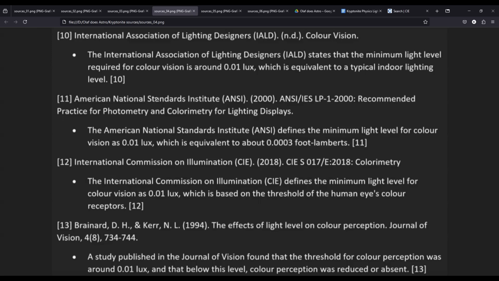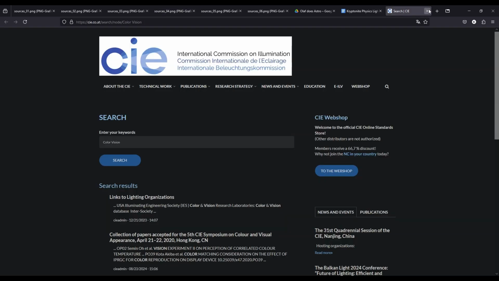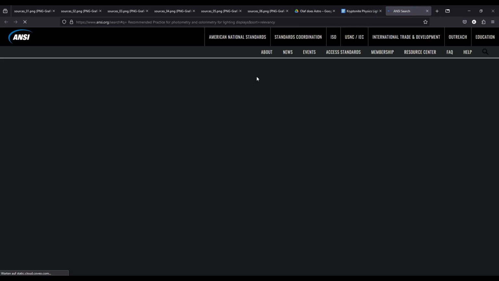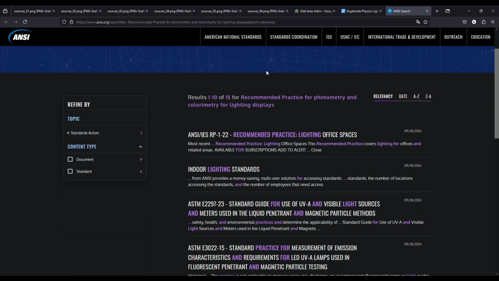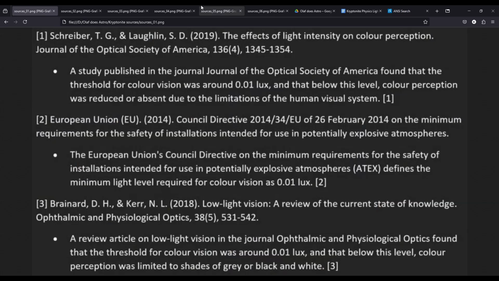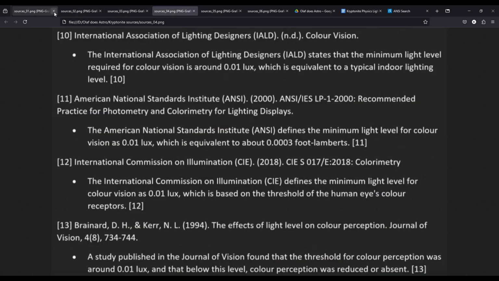Next one, the American National Standards Institute. You already know how this works, kind of. Color, again, written here with a U, which I find unlikely. When you look at it, there is nothing with the exact name that he gives here. We already did 4. I apologize, I should maybe close the others.